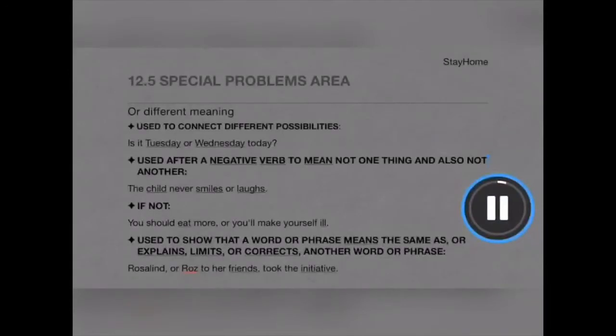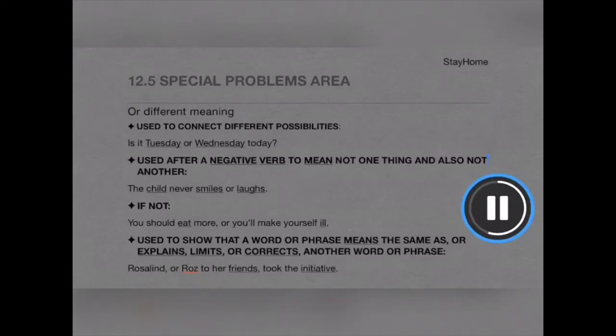12.5 Or, different meanings. Or is used to connect different possibilities. For example, is it Tuesday or Wednesday today? Or is also used after a negative verb to mean not one thing and also not another. For example, the child never smiles or laughs. Or means if not.